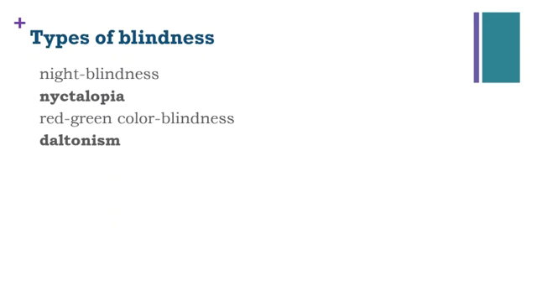Daltonism, from John Dalton, who was an English chemist. John Dalton is best known for his pioneering work in the development of modern atomic theory and his research into color blindness from which he was suffering.